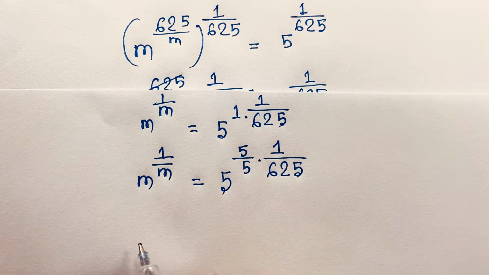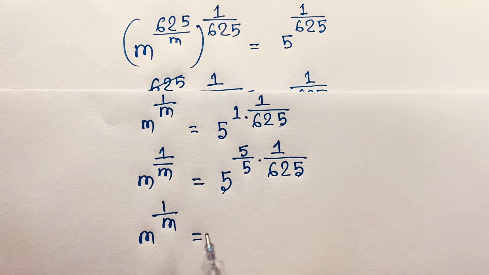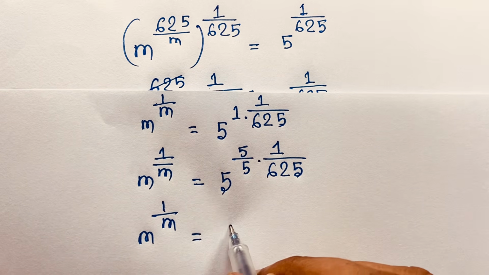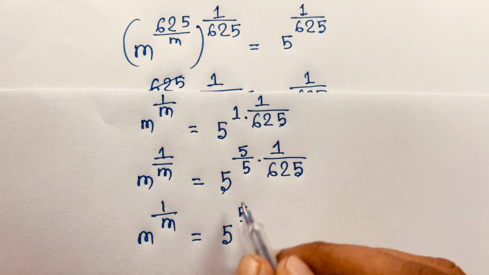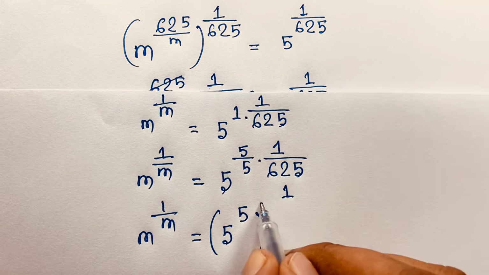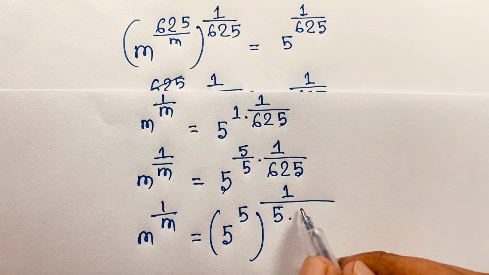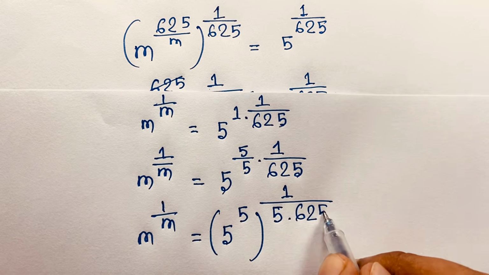Now this is m to the power 1 over m, then this expression will be 5 to the power 5. I take this 5 here, bracket whole to the power, it will be 1 over this 5 times this exponent, which is 625.